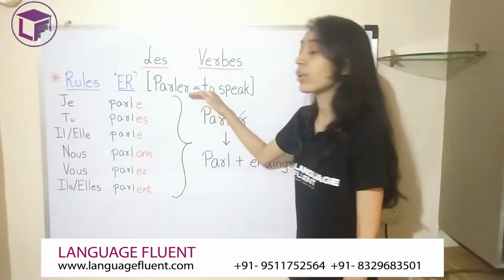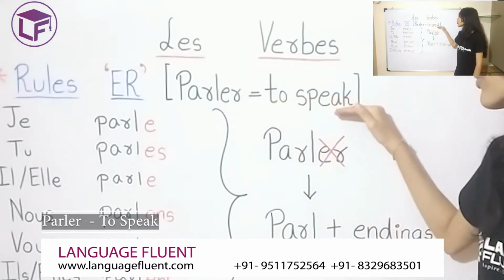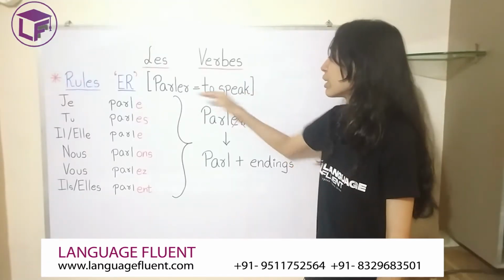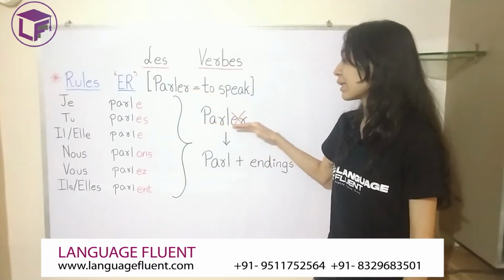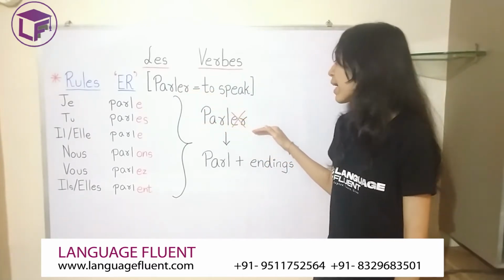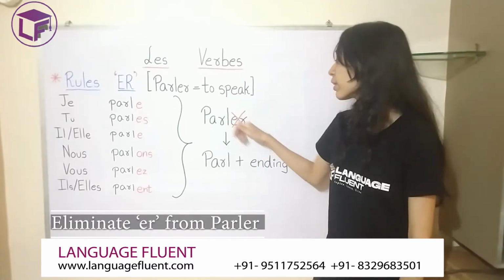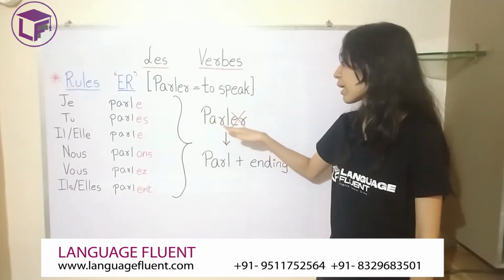Here, we take a verb parler, which is to speak in English. So we take the verb as it is. We write PARLER as it is, and we eliminate ER. And the word that we get is PARL.